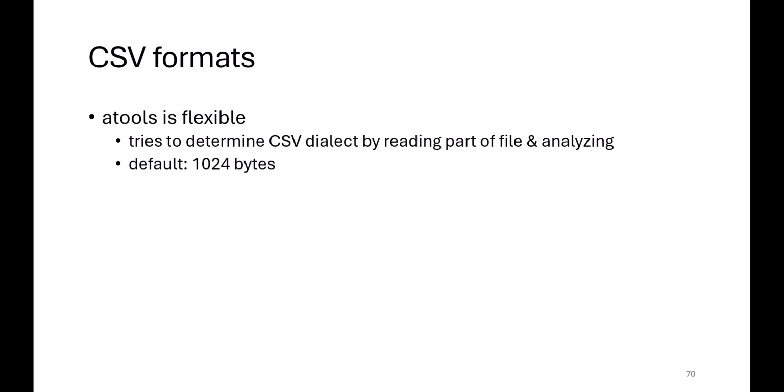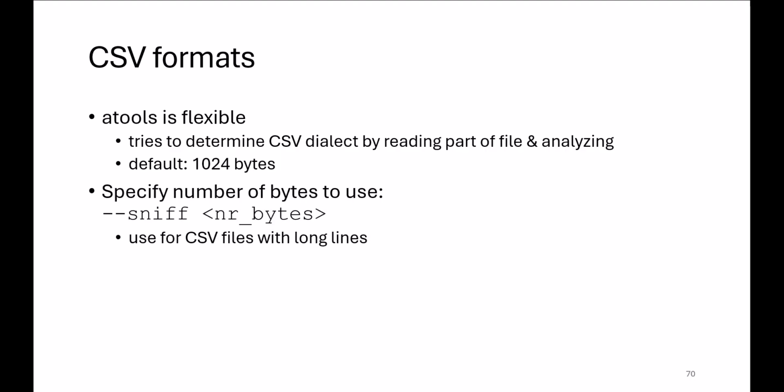So with respect to CSV formats, atools is pretty flexible. It tries to determine the CSV dialect by reading part of the file and analyzing it. The default it reads is just 1024 bytes, which is plenty for most CSV files. However, in special cases, for instance, if you have a CSV file with many columns, you might want to specify a larger number of bytes.